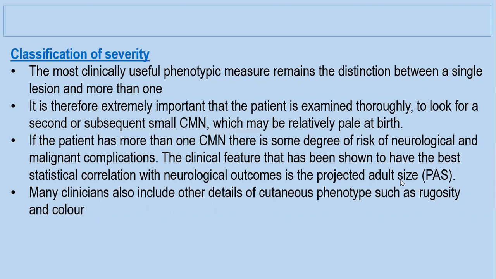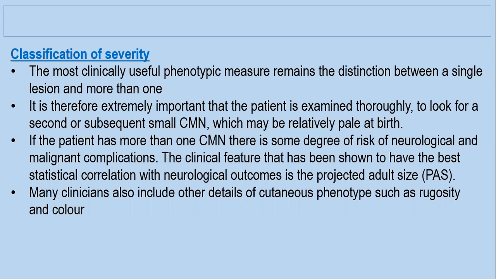Classification of severity. The most clinically useful phenotypic measure remains the distinction between a single lesion and more than one. So the main differentiation of severity is the presence of a single lesion or multiple lesions. It is therefore extremely important that the patient is examined thoroughly to look for a second or subsequent small CMN, which may be relatively pale at birth. So you have to be very careful.